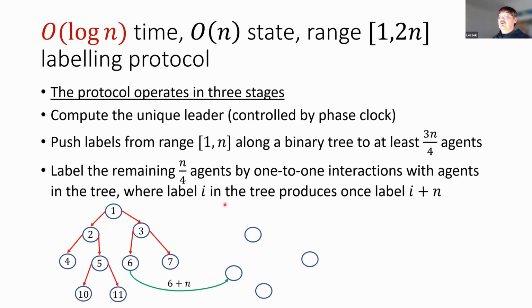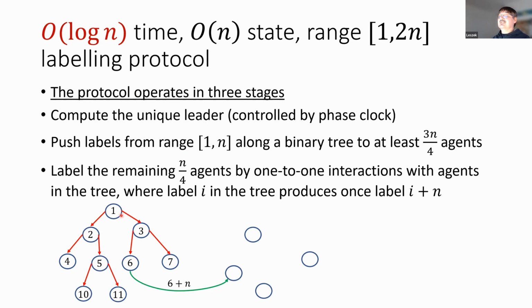Okay. So basically, this is the principle for every single algorithm. We first try to create a leader. This is done with the help of all those leader election algorithms, and we also use the phase clock to stop the leader election at some point. And with whatever is selected, we start our labeling procedure.